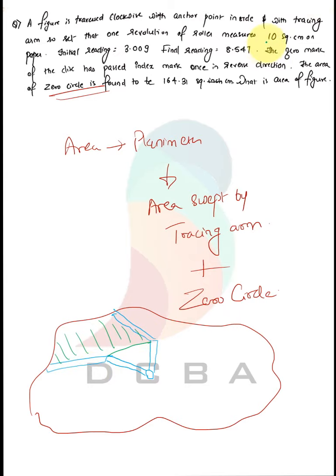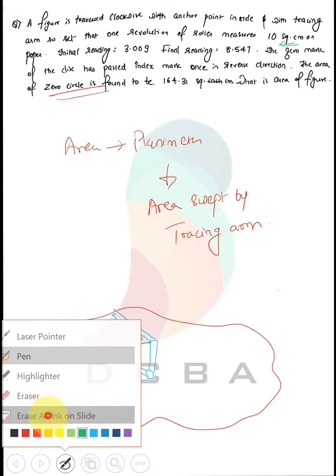Okay, so here what they have given us is the area which is measured by planimeter, and if it is measured only by planimeter, it means that they are telling us the area which is given to us by the tracing arm, and hence this zero circle won't be added at that time when we are equating this. Let me explain to you while solving the numerical further.